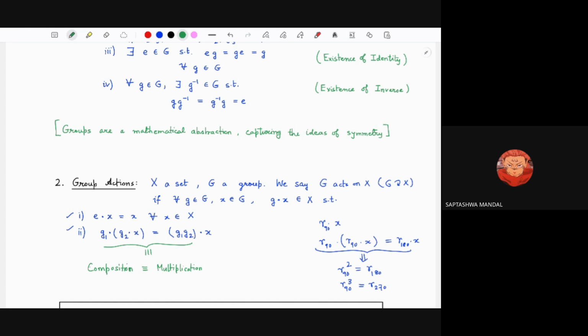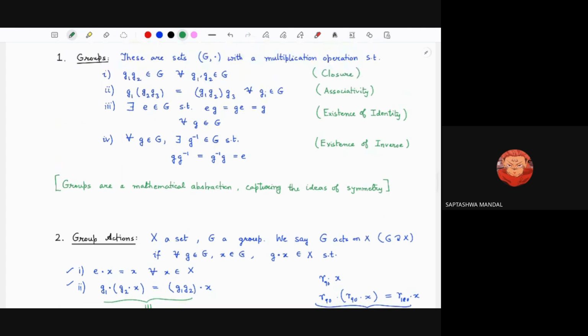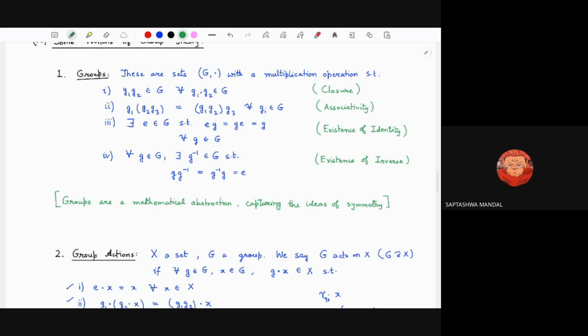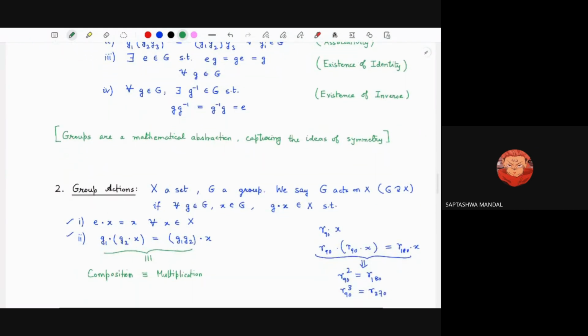But when you're dealing with an abstract group, some weird group coming from some weird situation, the definition of groups is quite abstract. You have just a collection of elements and some notion of multiplication, an identity and an inverse. That's all. So then you have to impose this condition for the action to be sensible, so that it captures some essence of the group.